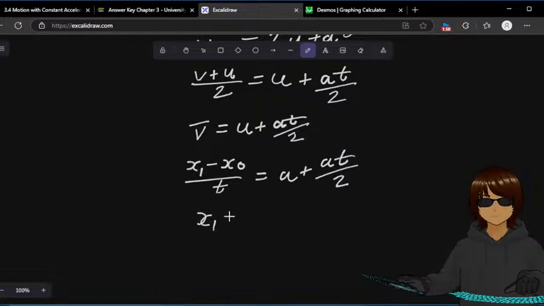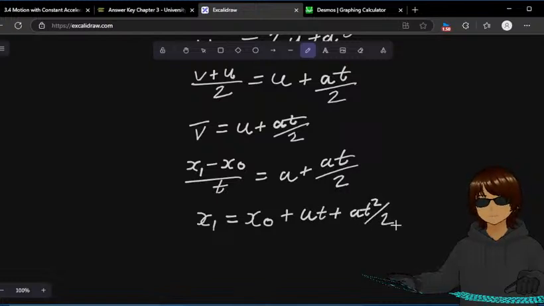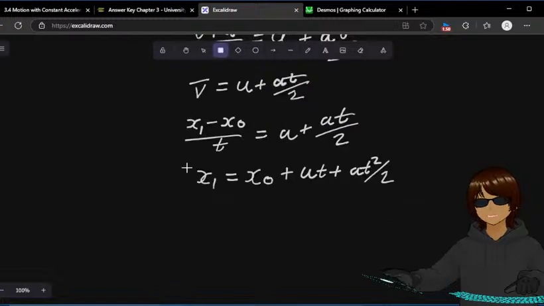Then we bring t to the other side, giving x equals ut plus half at squared. This is the third equation.